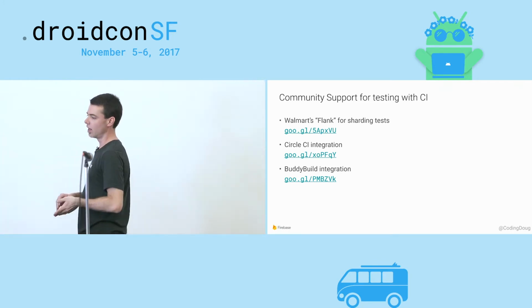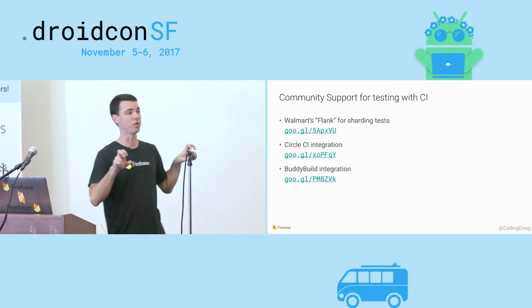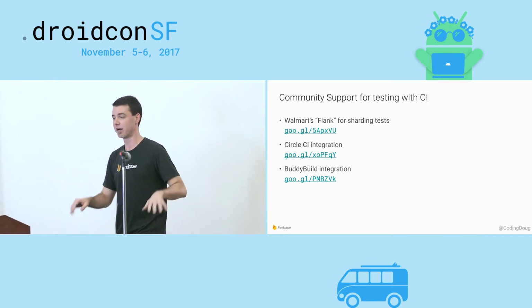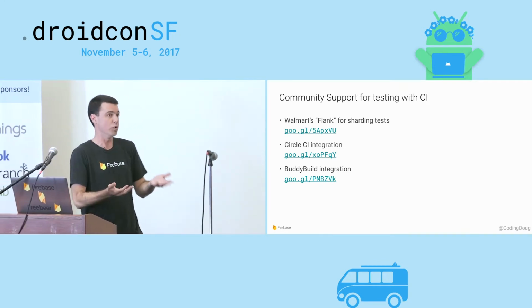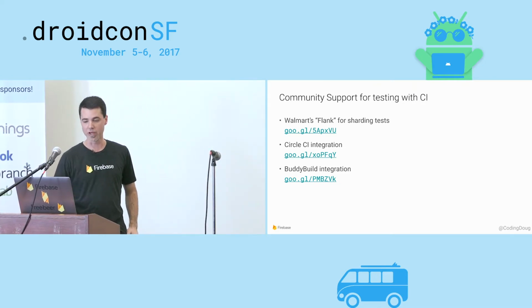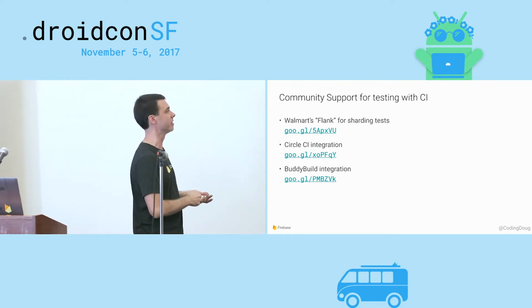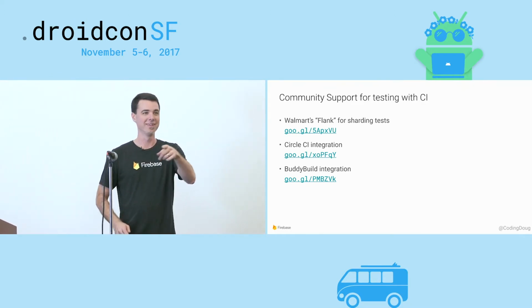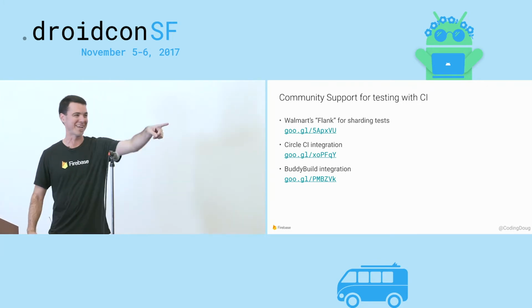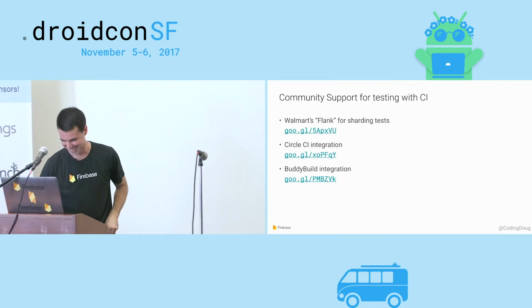Walmart, one of our biggest customers, has Flank, which helps you shard your tests so you can run them concurrently on as many devices as possible. If you have a lot of tests, they can take hours to run, so this should cut down the time it takes. We have Circle CI integration, and we have Buddy Build integration. Did anyone hear from Buddy Build? Anyone? Okay, we have Buddy Build. If you have questions about Buddy Build and maybe Test Lab, ask this fellow right here.